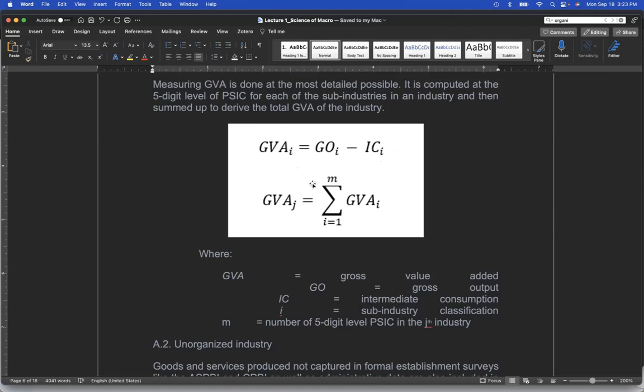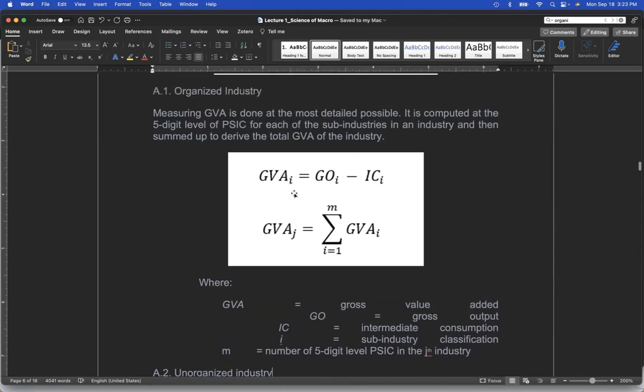Ganun. So each PSIC 5 will be added up for each industry J, of which there are 16. So magsasum ka over all the different PSIC 5s, and that will give you GVA of each industry J. Yun yung organized industry.